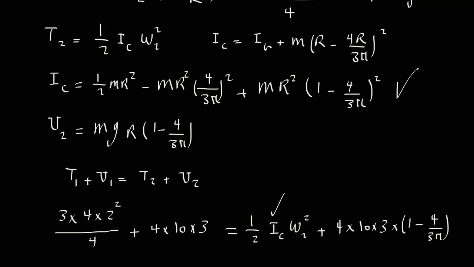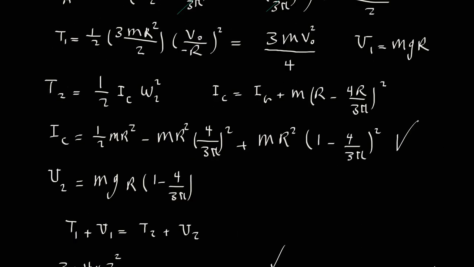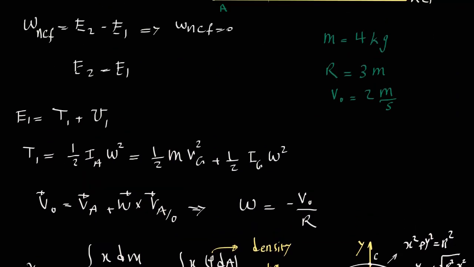So you can see that in this equation, the only unknown is omega 2, and it's an algebraic equation that we can solve for omega 2.